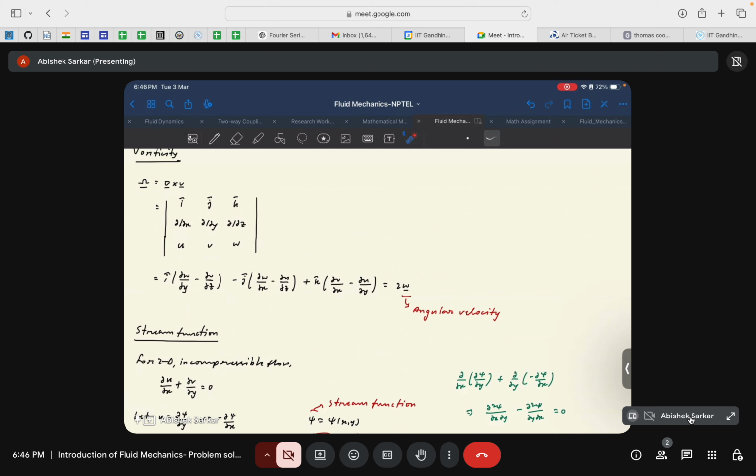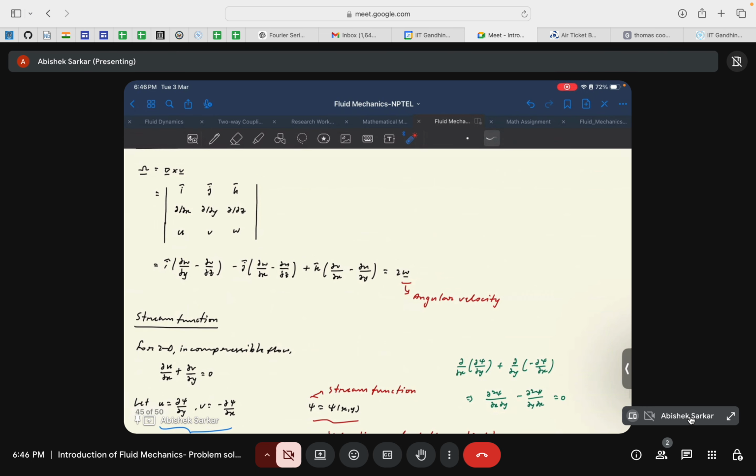That is, for a Cartesian coordinate system, this would be the definition of curl; for other coordinates you can find it accordingly. You will have i, j, k cap, take the cross product del cross v, and you will get something like i cap (∂w/∂y minus ∂v/∂z) minus j cap (∂w/∂x minus ∂u/∂z) plus k cap (∂v/∂x minus ∂u/∂y). And if you see, it will turn out to be twice the angular velocity.